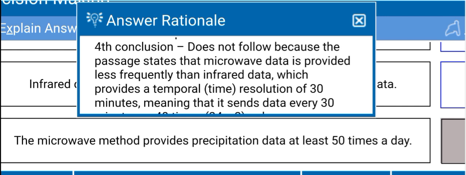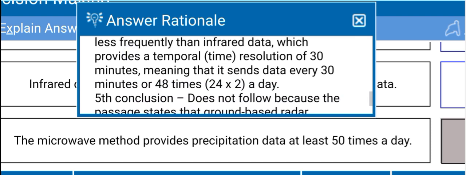This one does not follow because the passage states that microwave data is provided less frequently than infrared data, which provides a temporal resolution of 30 minutes, meaning that it sends data every 30 minutes or 48 times a day.